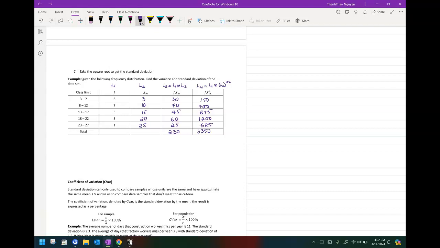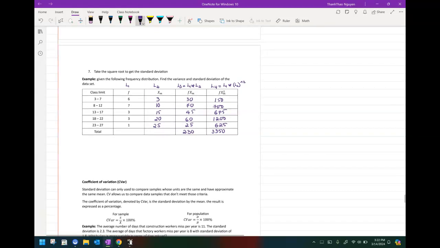We will plug this into our formula. S squared is equal to n, where n is the total of the frequency, that is 20, times the sum of the frequency times the midpoint squared, 3350, minus 230 squared, divided by 20 times 20 minus 1.